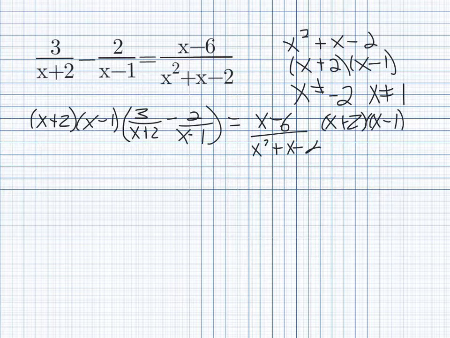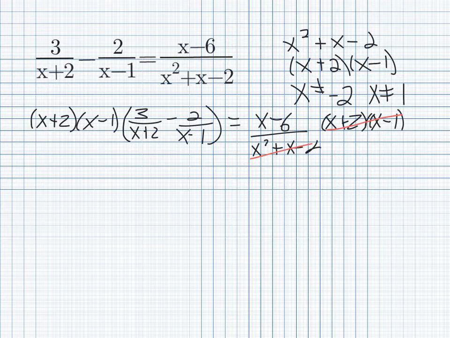So now we'll actually do the multiplication. When we take the right-hand side and multiply, of course, the LCD cancels the entire denominator. So this cancels both of these factors. Now, we have to be careful over on the left-hand side, because this time we have to use the distributive property.